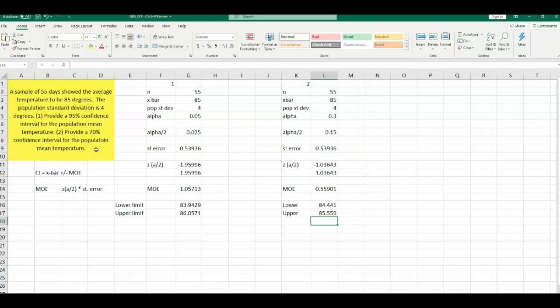I'm only 60% confident that it's somewhere between 80 and 82 degrees outside. So you'll notice that with the higher confidence level, you're going to have a wider interval. With a lower confidence level, you're going to have a smaller margin of error and a more narrow interval.